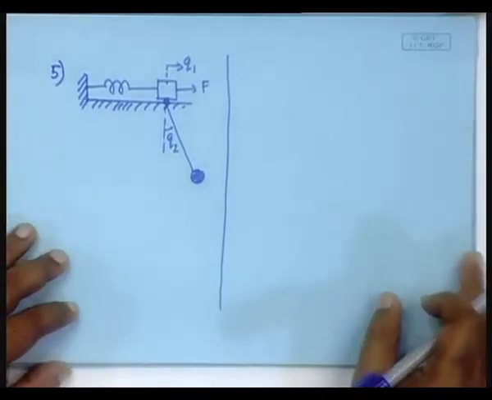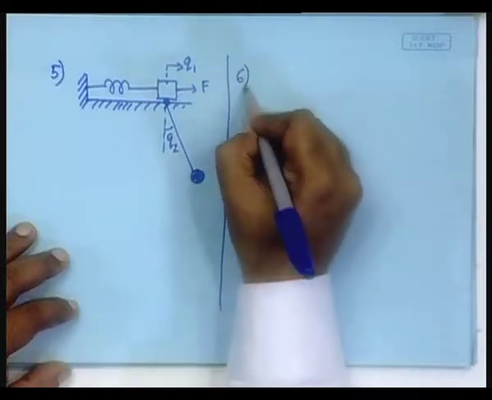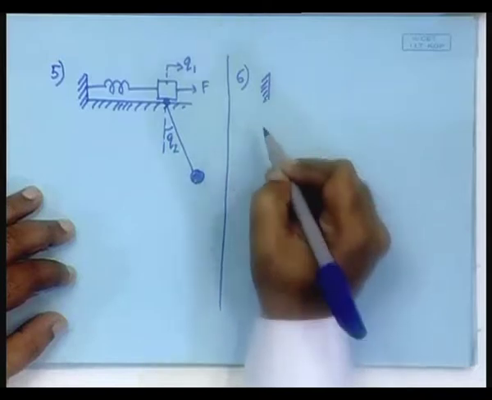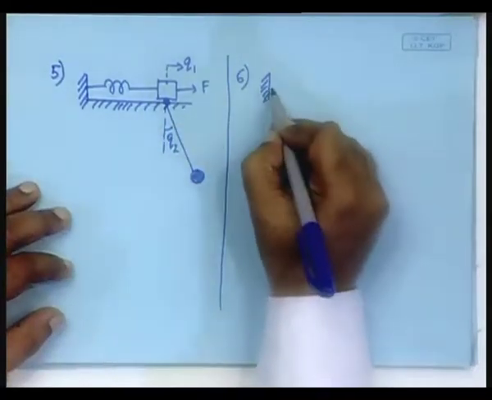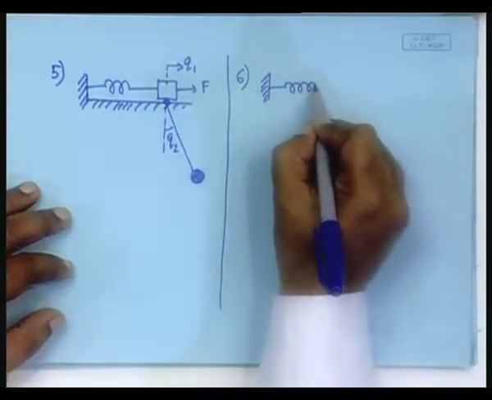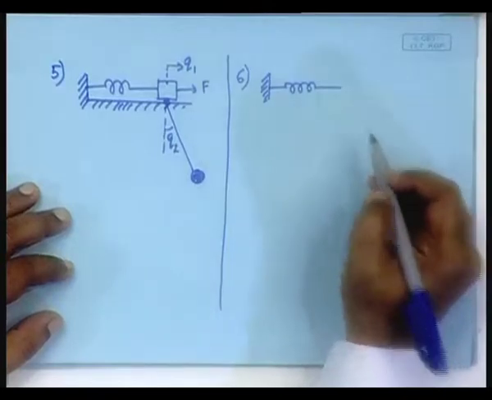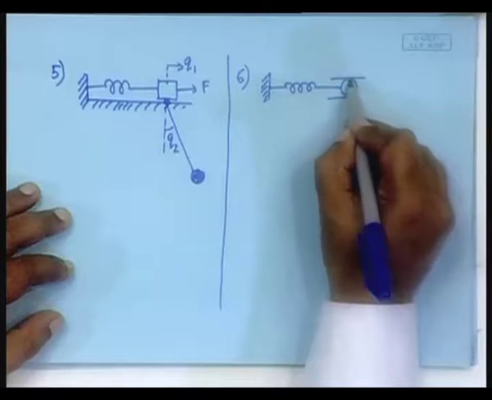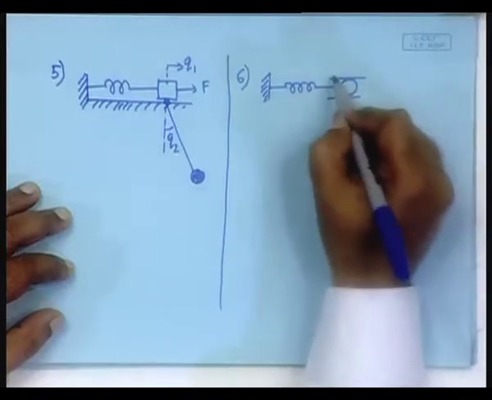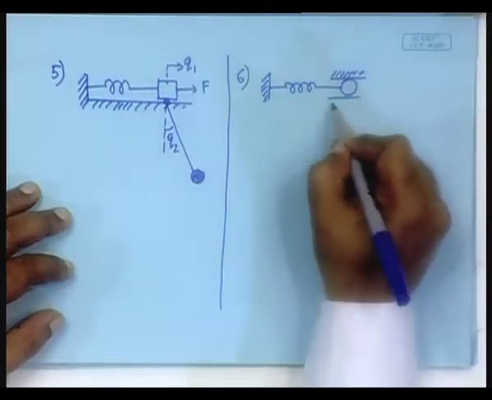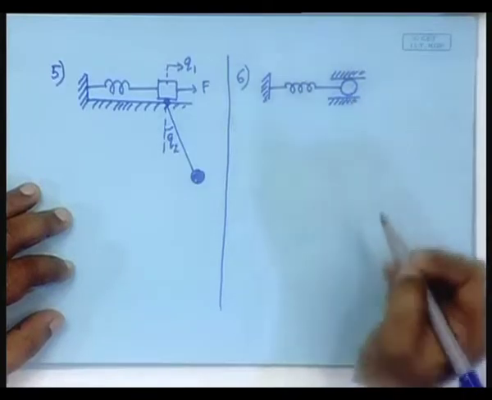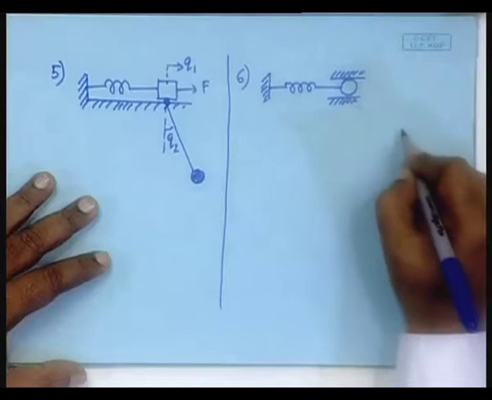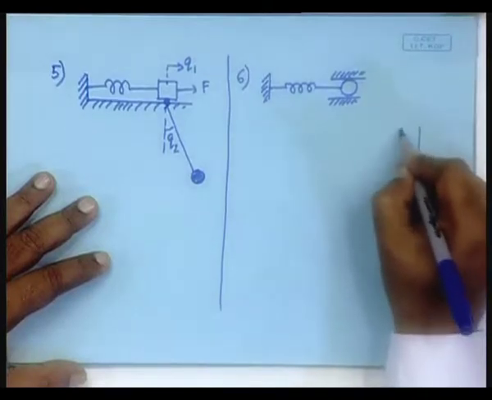Let us think of a mechanism where you have a rigid wall to a spring, but at this point there is a wheel which is able to move in between this, and there is another guide.